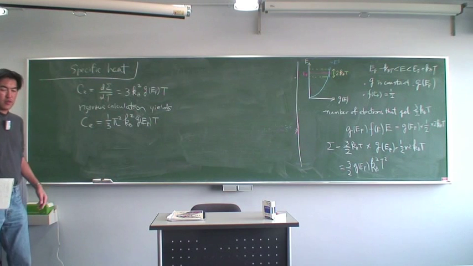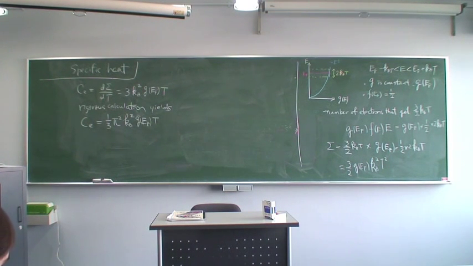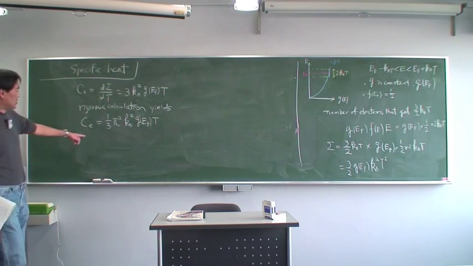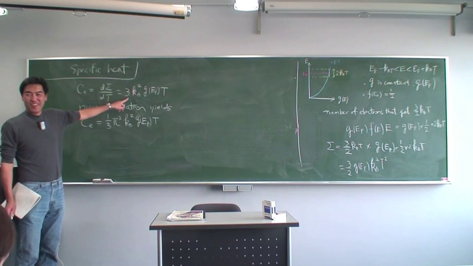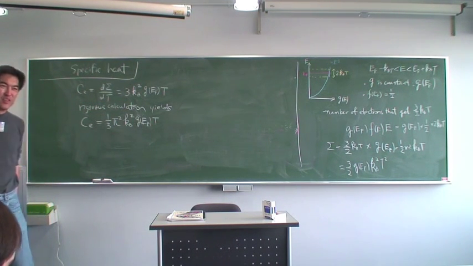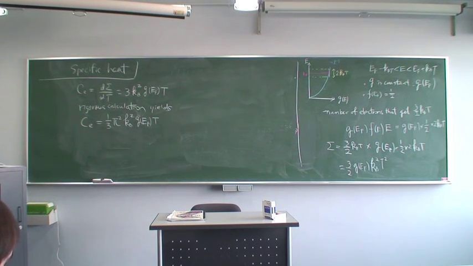It's pretty close, isn't it? This is 1/3, but this is pi square. So if pi is 3, we get exactly the same equation.